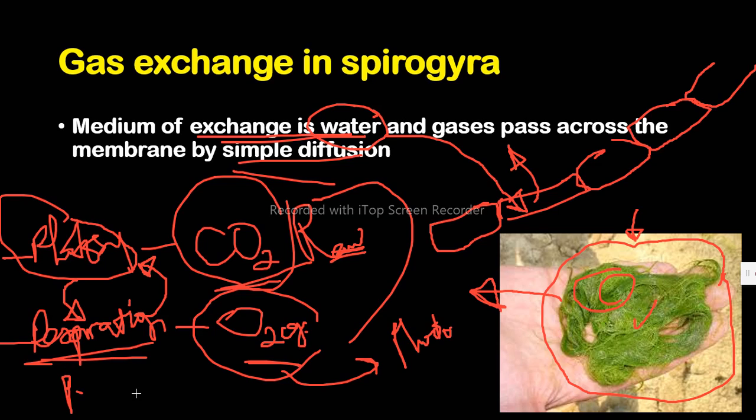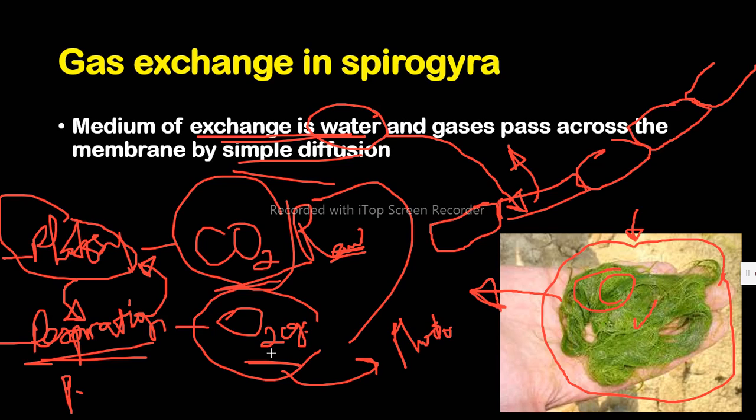You reach a given point where there is no net movement of these respiratory gases. You reach a point where the organism is not taking in oxygen, neither is it taking out carbon dioxide.